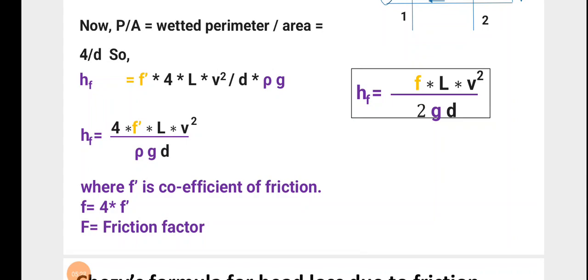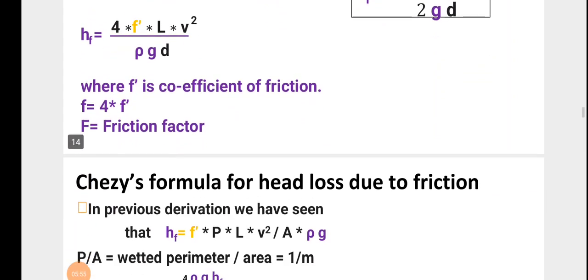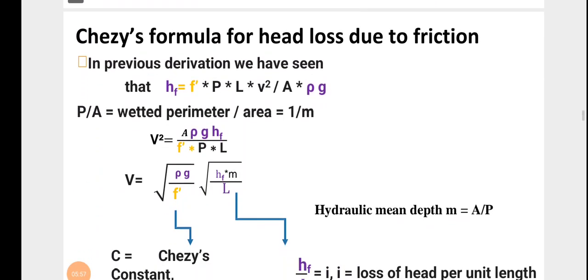Now here F dash is the coefficient of friction. If we write the equation of head loss in terms of friction factor, the friction factor F will be equal to 4 times the coefficient of friction, 4F dash. So that equation will be HF equal to F L V square by 2 g D, okay, where F is the friction factor.